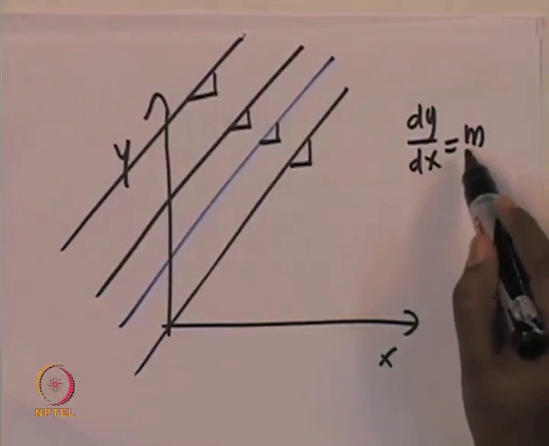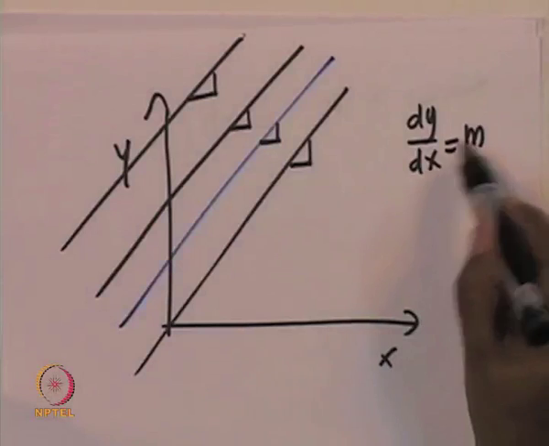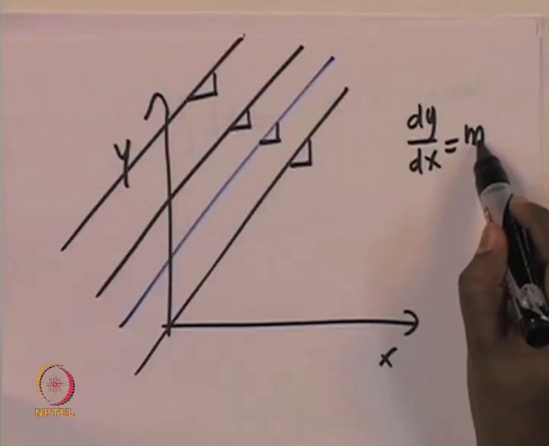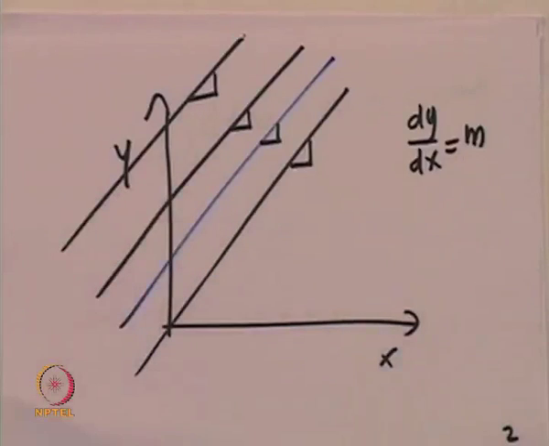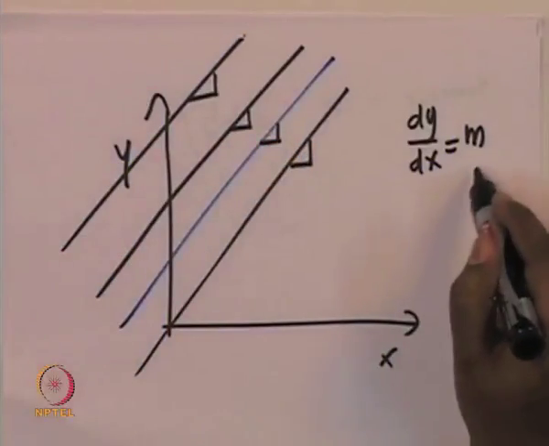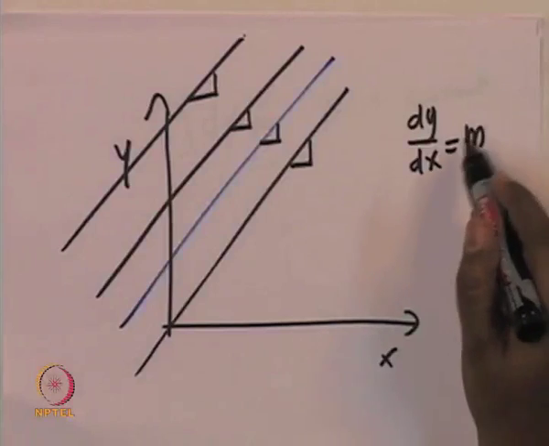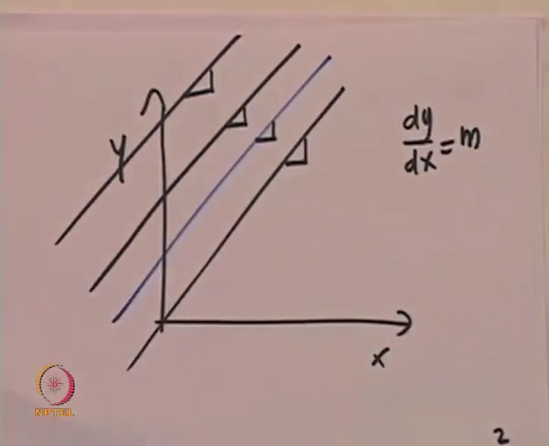Each of these curves has a derivative m. That means the integral of m will give you any of these curves. We do not know which, all these curves are answers to this, or when you integrate this m, you can get any of these curves. We will try and understand what the implication of this is.